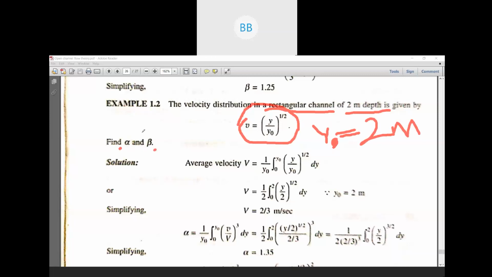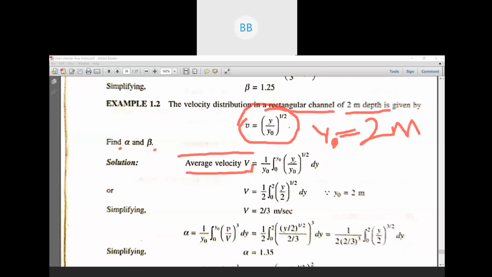So definitely, to find alpha and beta, first we have to find the average velocity. To find the average velocity, again we are going to use the expression for a rectangular channel, as here it is given as a rectangular channel.